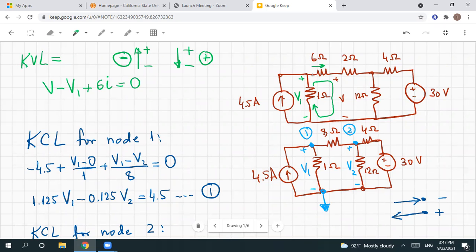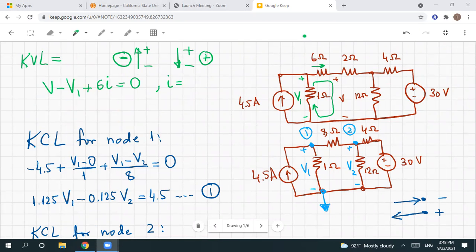So V is the unknown, V1 I know, which is 6 volts, but I don't know the value of I. Can I calculate I from the given data and the solution that I received? Can we calculate I? What will I be equal to?